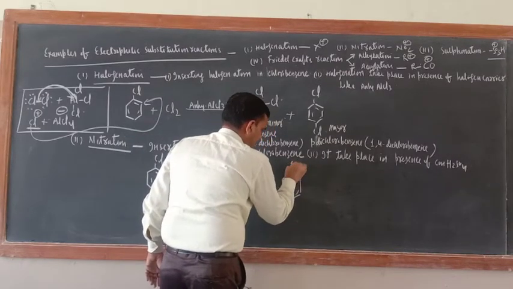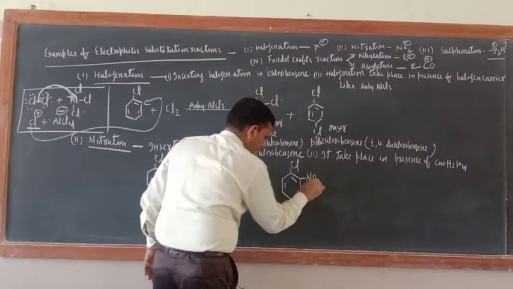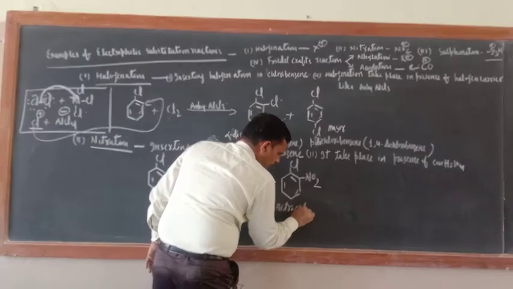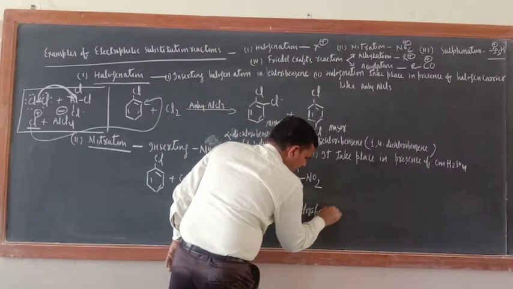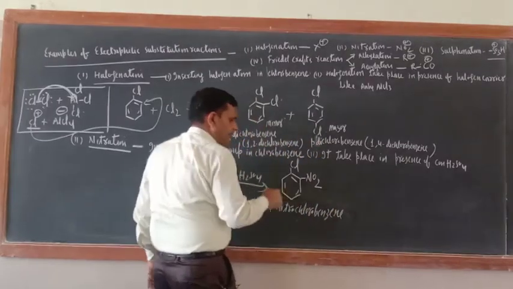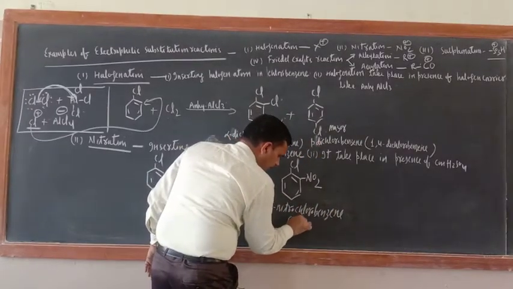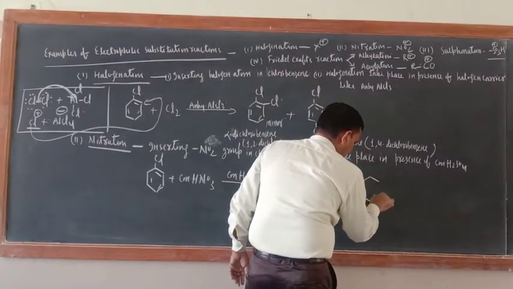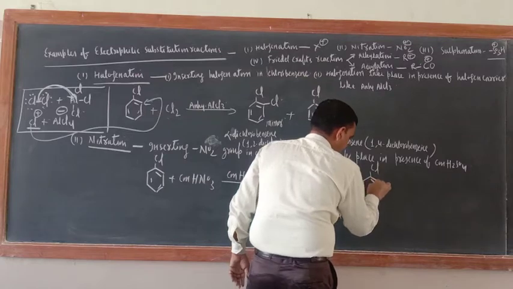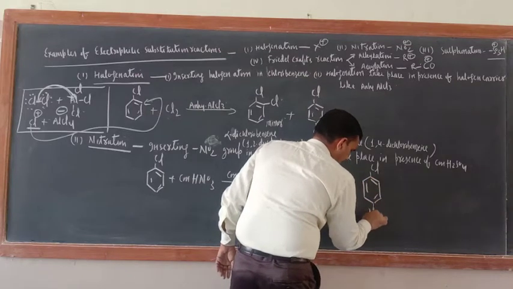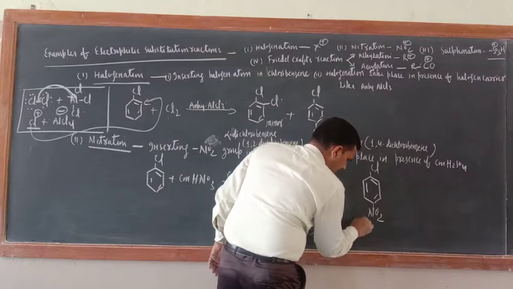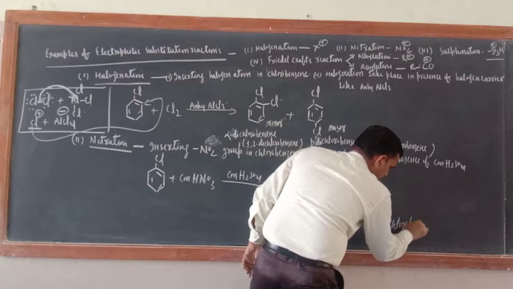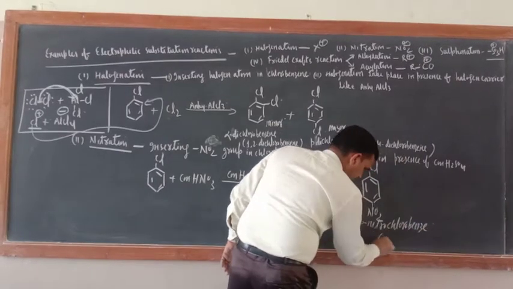One product is ortho-nitrochlorobenzene, which will be the minor product. Plus the next one, with Cl and NO2, is para-nitrochlorobenzene. This is the major product.